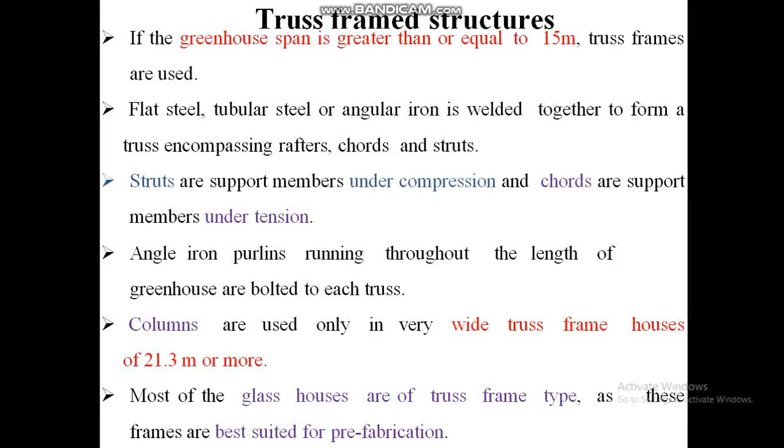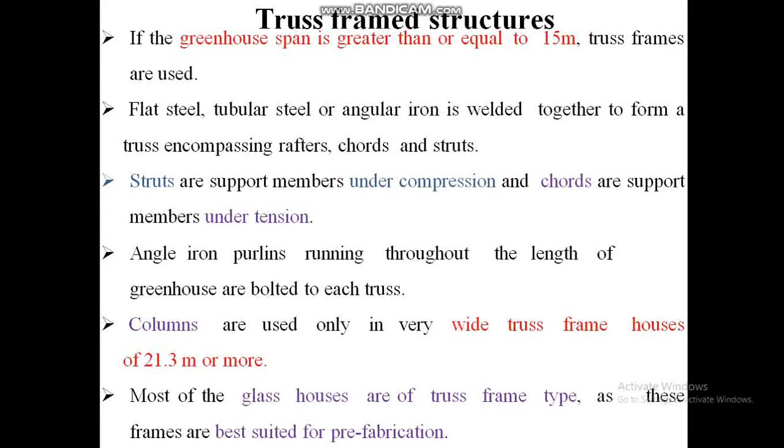Struts are support members under compression and chords are support members under tension. Now what is a strut? A strut is a piece of structure that resists pressure. So these structures are used under compression and chords are used as support members under tension.